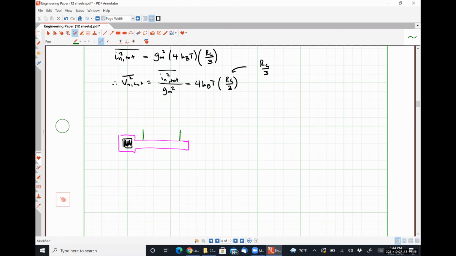Here's our active region for our drain. Here is our active region for our source. We see Rg. So the first modification that we can do is this.